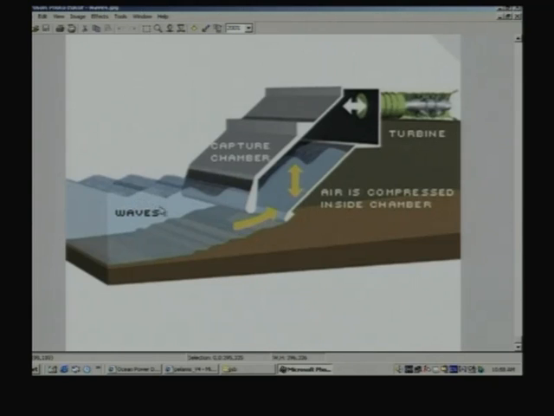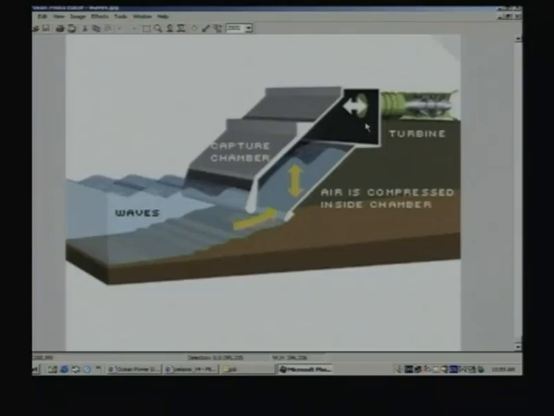The waves push their way in, and as a result, there is an enclosed air column inside. The water itself acts as a piston and pushes the air in.